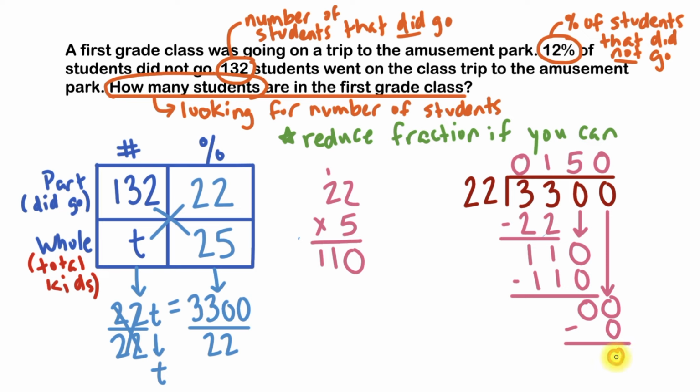And so we're finally done. And this gives us our answer, 150. So t equals 150. But what does this mean? 150 what? Well, remember, we were looking for the total number of students in the first grade class. So this means that there are 150 total students in the first grade class.